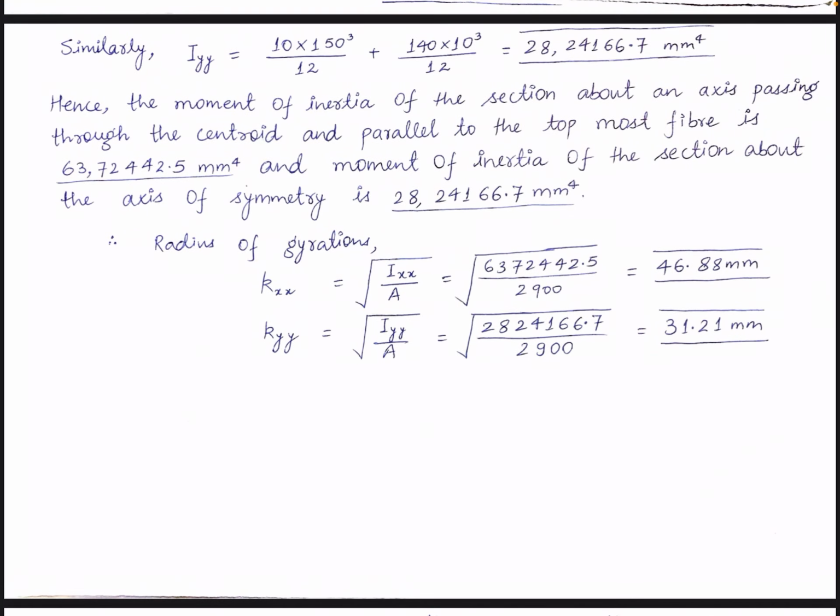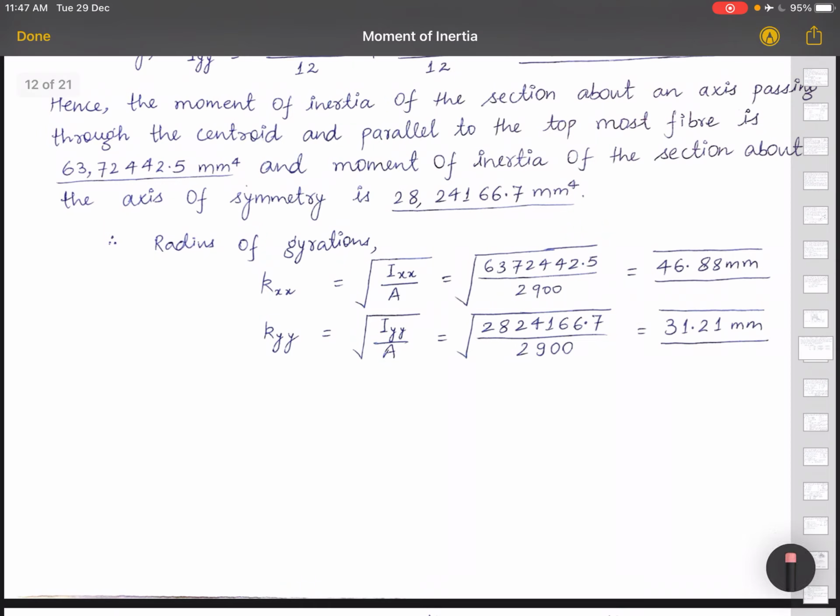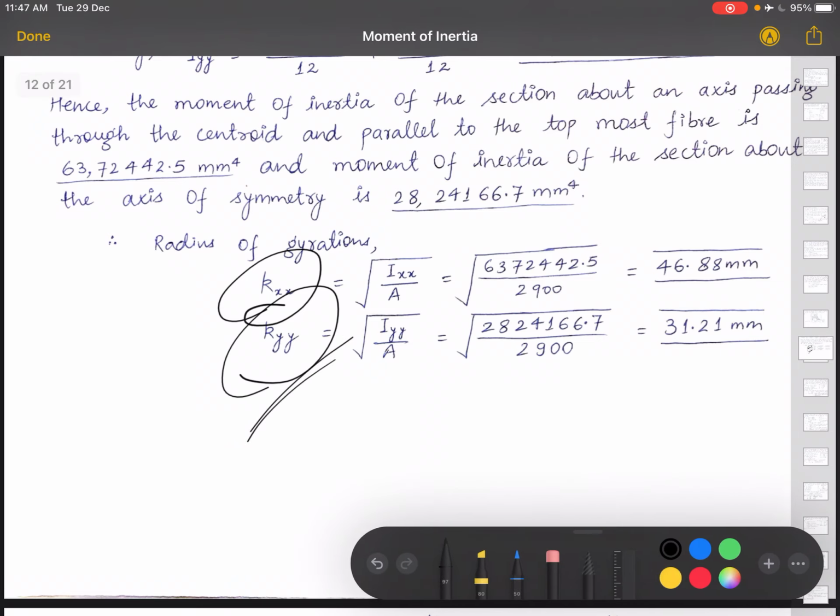So just put in the values of bd cube by 12 for both sections and you will get Iyy. Now we find the radius of gyration, kxx and kyy: square root of Ixx by A, and square root of Iyy by A. Just put in the values and you will get your radius of gyration.